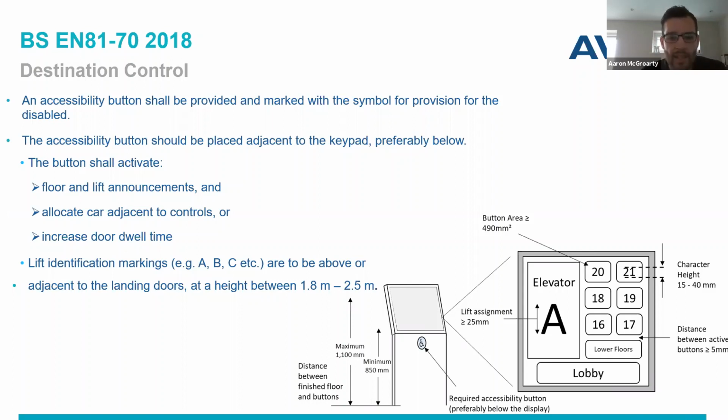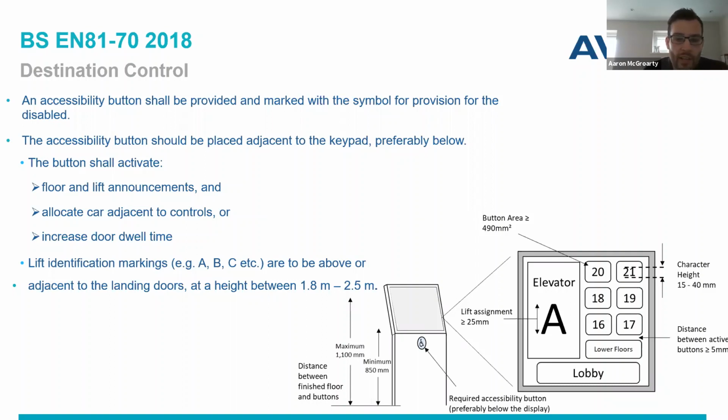Again, things like using the correct character heights, having the right distances between the active buttons, ensuring that the right active buttons are actually there. We need to make sure as well that the height of the screen is a minimum of 850 millimeters and a maximum of 1,100 millimeters from the finished floor.